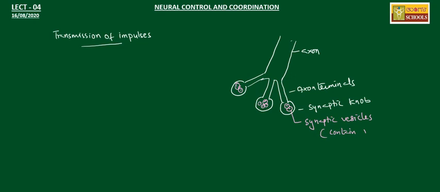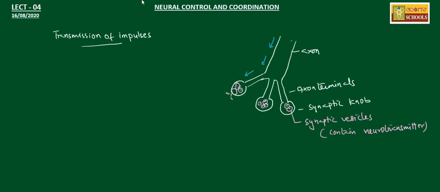Now the impulse that passes through the axon, that is the action potential, finally comes to the synaptic knob, and this makes the synaptic vesicles merge with the membrane of the synaptic knob, and then release the neurotransmitter into the synaptic cleft. So you can see the neurotransmitter released out.